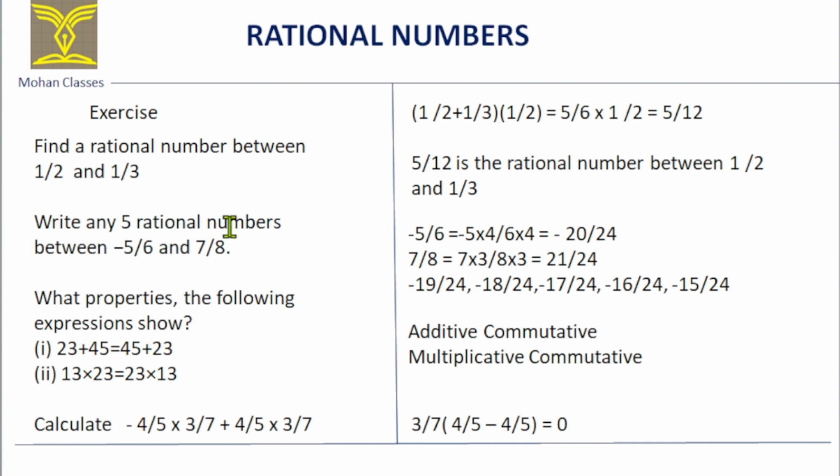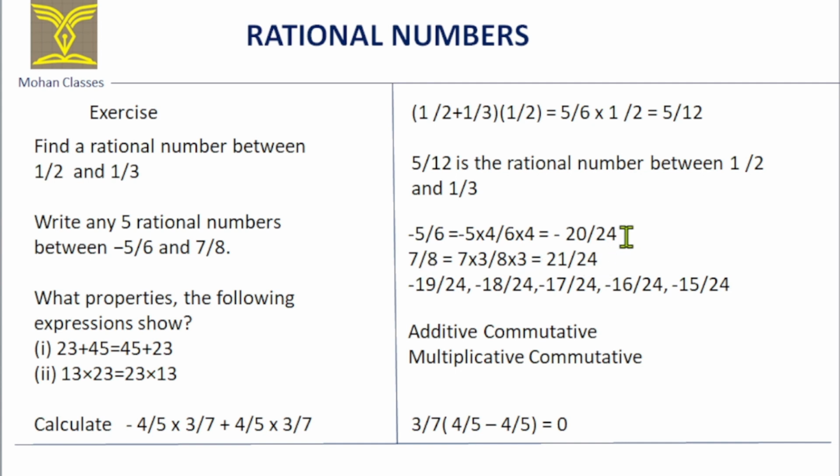Write any 5 rational numbers between minus 5 by 6 and 7 by 8. Here we have to find out 5 rational numbers. Therefore we should find the LCM of the denominators, 6 and 8. The LCM is 24. So minus 5 by 6 can be written as minus 20 divided by 24. 7 by 8 can be written as 21 by 24.